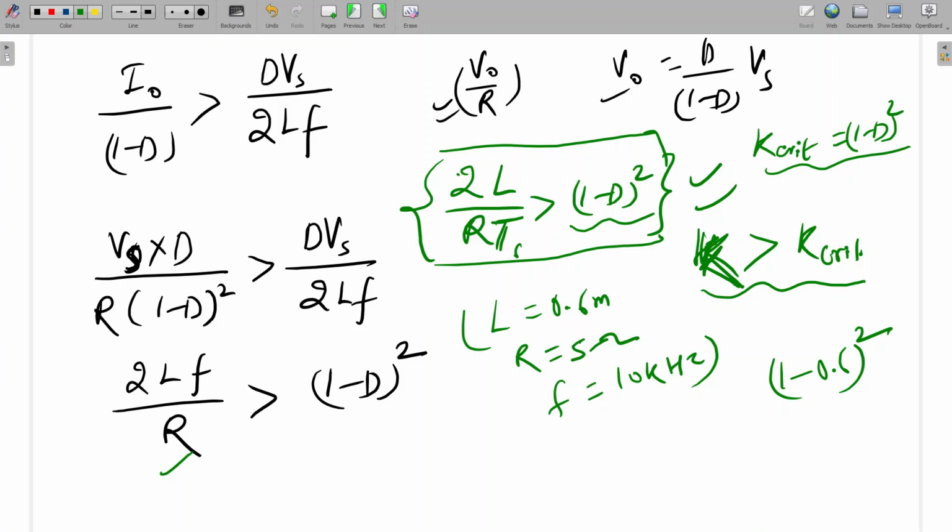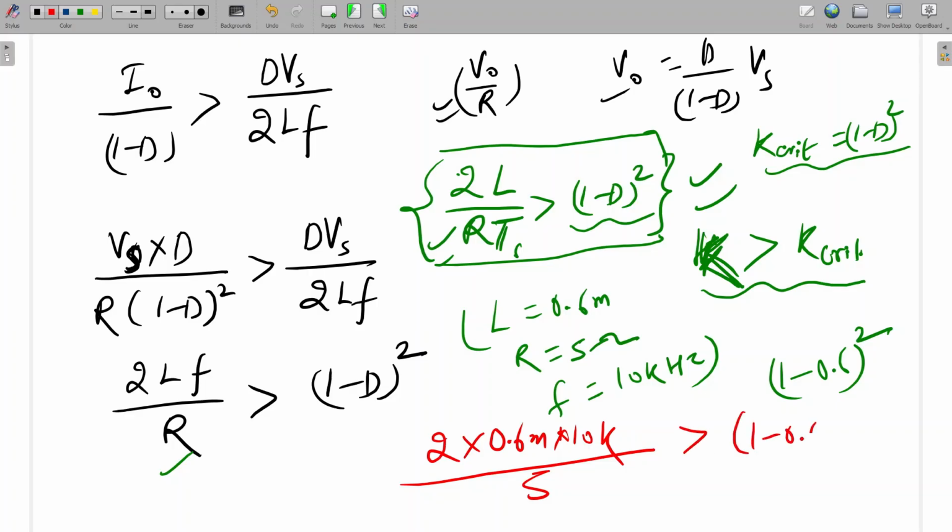Can anyone calculate and verify whether these two values satisfy the condition? So 2LF by R: 2 into 0.6 milli into frequency 10K, divided by R, 5, should be greater than 1 minus 0.6 square. Is this condition satisfied or not? Can you calculate?